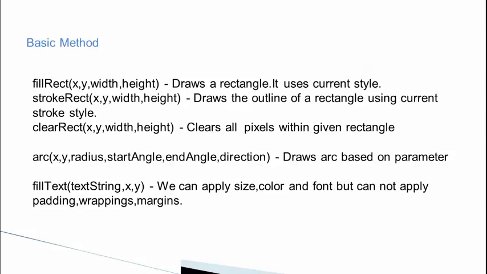So fillRect will fill the whole rectangle, and strokeRect will draw the outline. clearRect also uses the 4 parameters X, Y, then width and height, and it clears all the pixels within the given rectangle. Then arc, by using the arc method we can draw arcs.